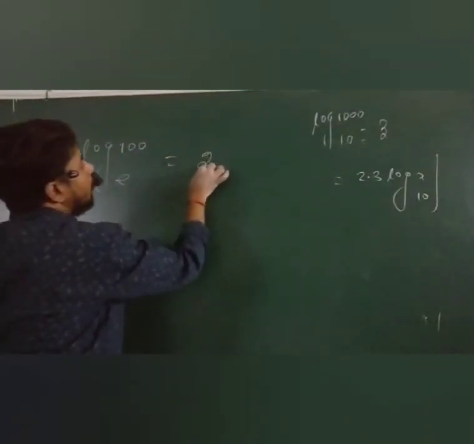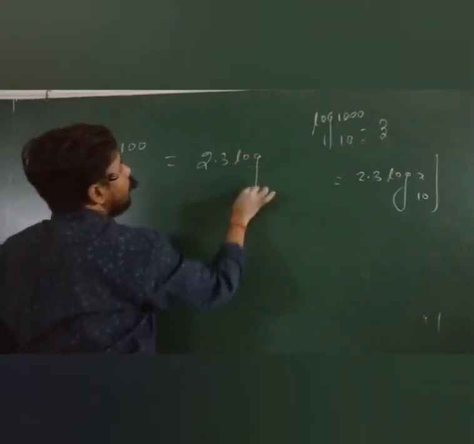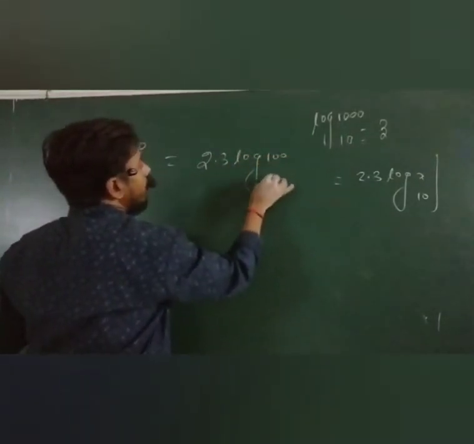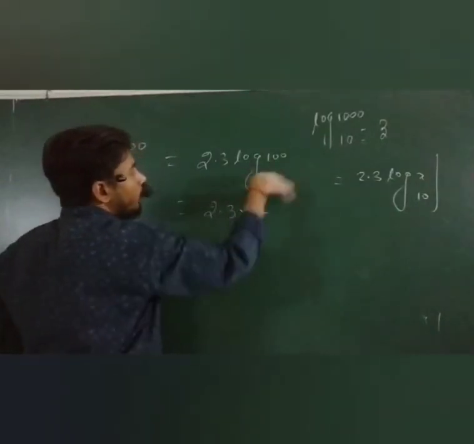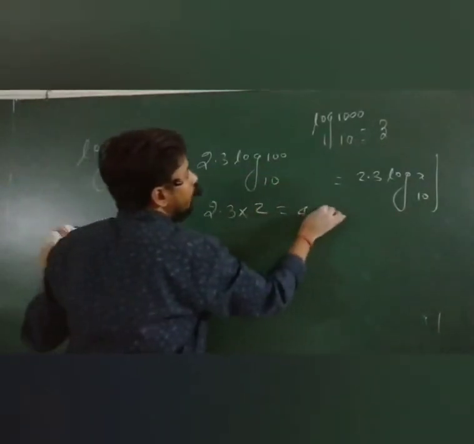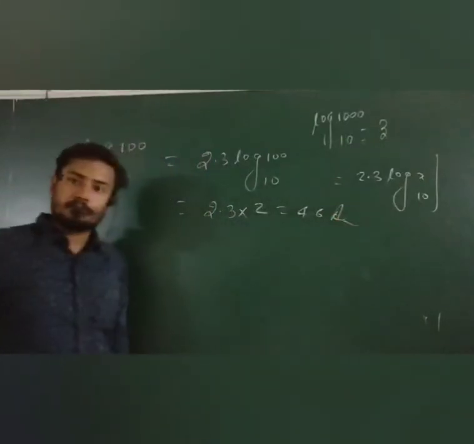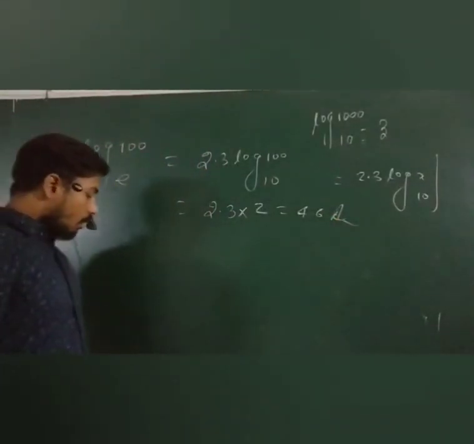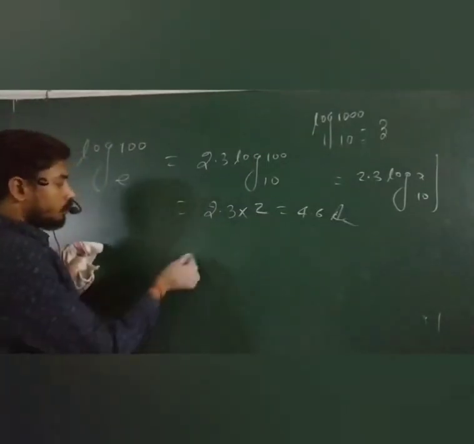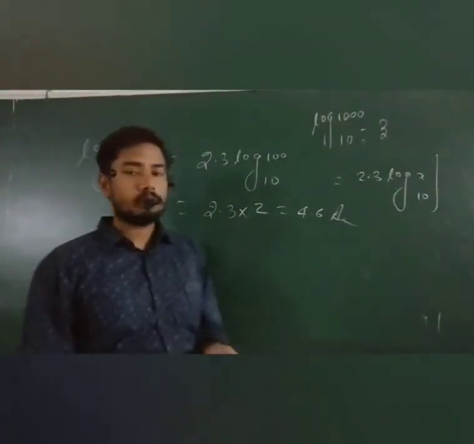First of all, convert to common log: 2.3 into log 100 with base 10. Now 2.3 into what? 2, because we know this is 2. So this becomes 4.6, our answer. Getting my points? Simple.